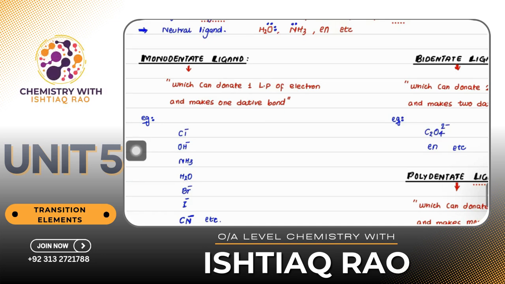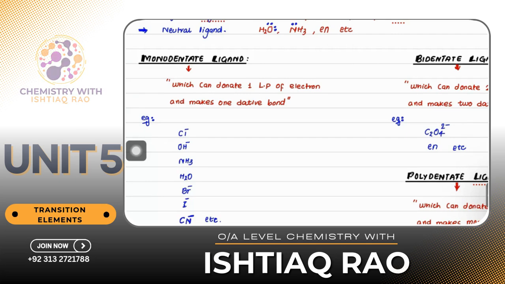It has two lone pairs of electrons, but at a time, remember, at a time, it can only donate one pair of electrons. So that's the reason it's in the category of monodentate ligands.